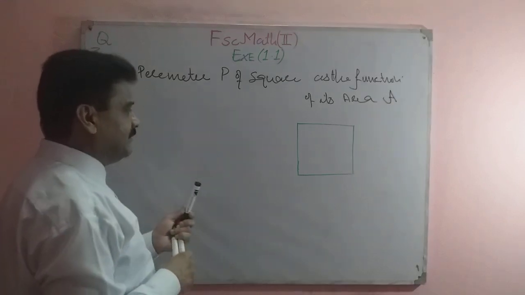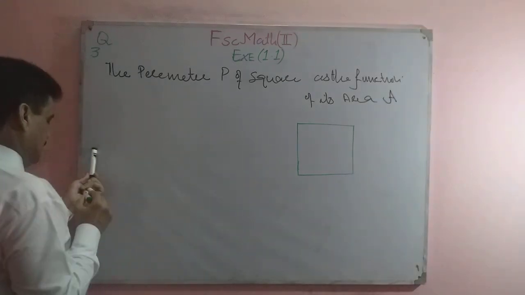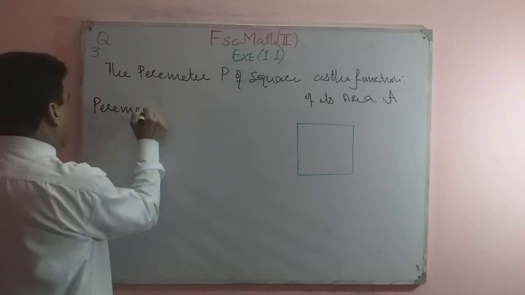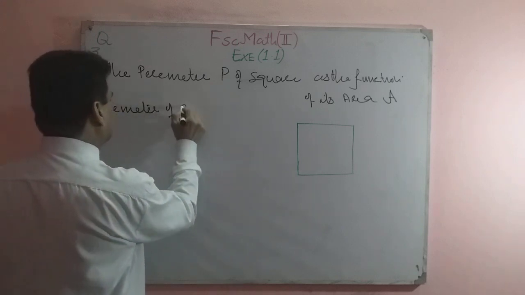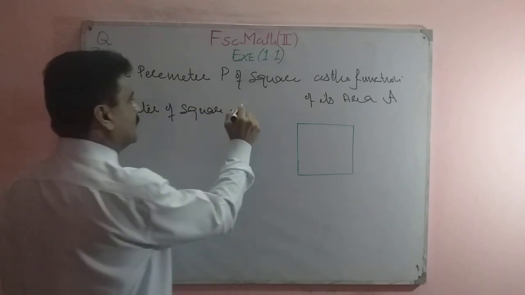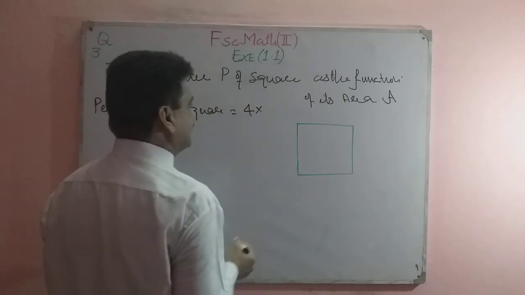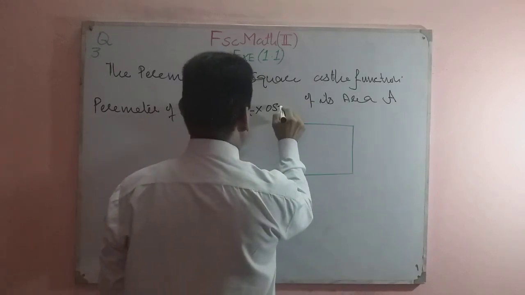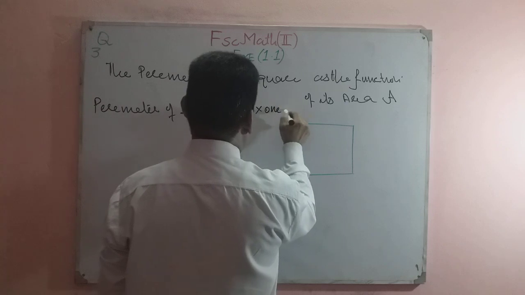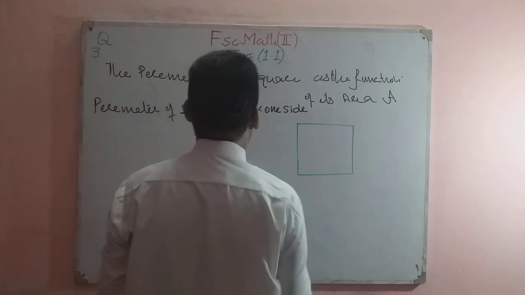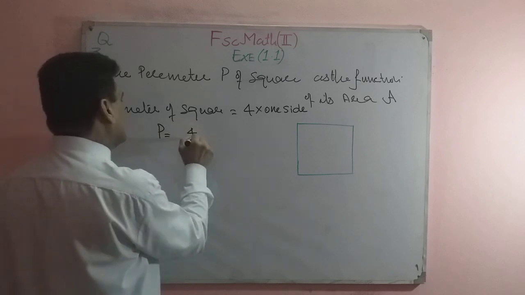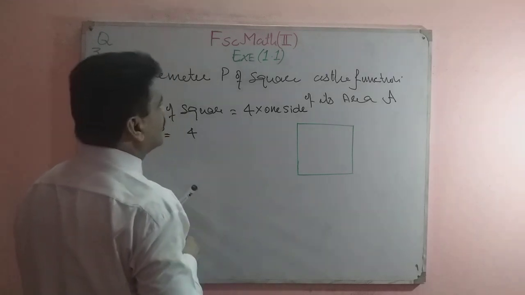To calculate the perimeter of a square, the perimeter will be equal to 4 multiplied by one side, or the sum of all sides. That is, P is equal to 4 multiplied by one side.